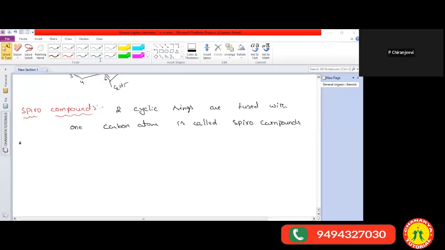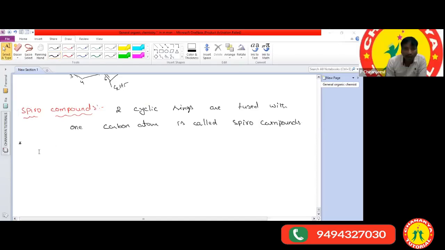So while writing the number of carbon atoms in a cyclic ring, write in increasing order.